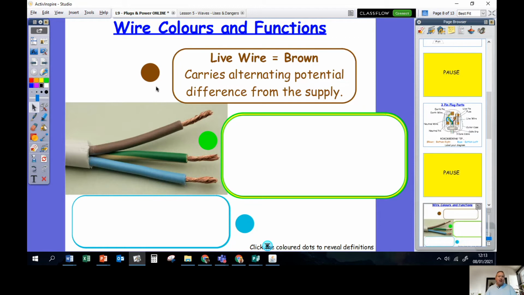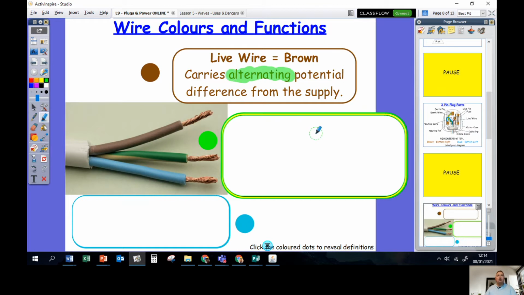I think of the live wire as the wire which actually carries the current, carries the voltage into the plug. And it's the brown wire. And the special thing about it is it doesn't just carry the current straight in, it actually alternates.